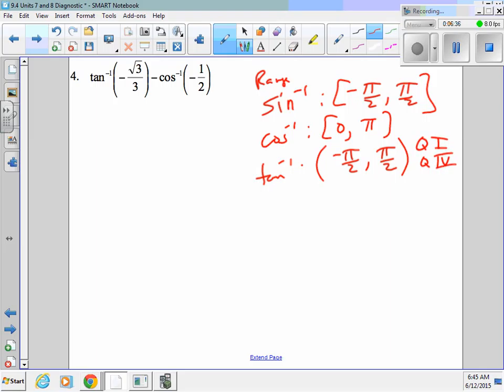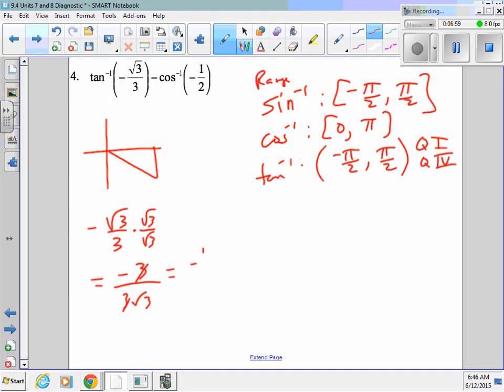So right now I'm in quadrant 4, and I'm looking for an angle whose tangent is negative radical 3 over 3. If I were to de-rationalize this, by multiplying top and bottom by radical 3 over radical 3, I would get negative 3 over 3 radical 3, which is negative 1 over radical 3.